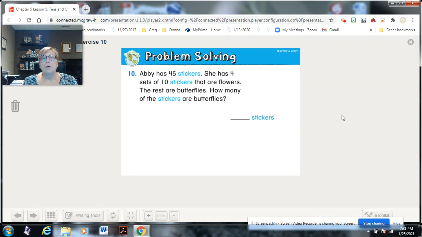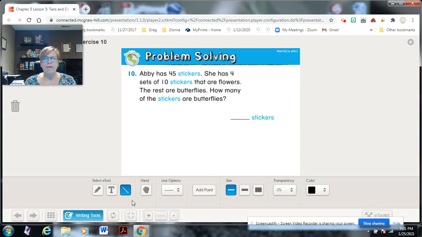Okay. Well, let's think about this. This sounds more difficult, but you have the tools up here. There's 45 stickers, all right? 4 sets of 10 stickers are flowers. So I'm going to draw my tens: 10, 20, 30, 40, and the rest of the stickers are butterflies.